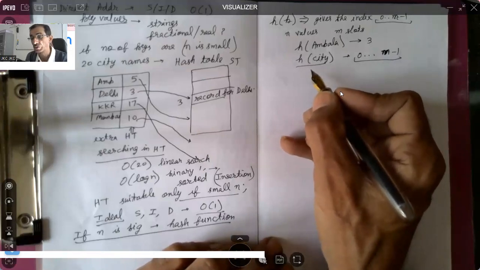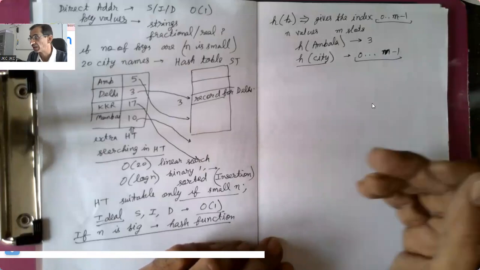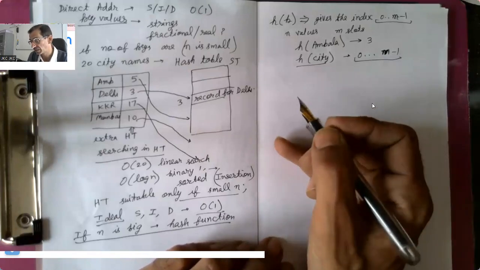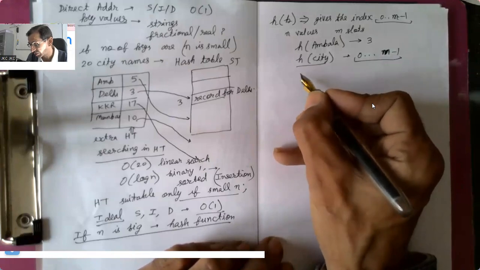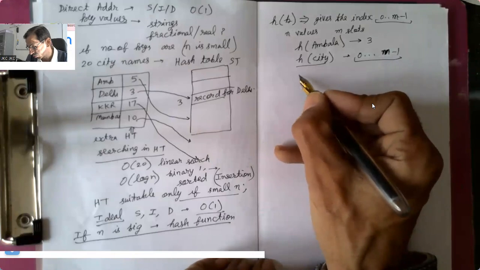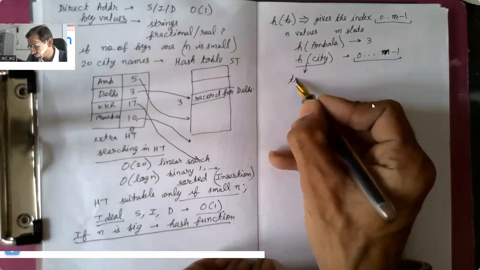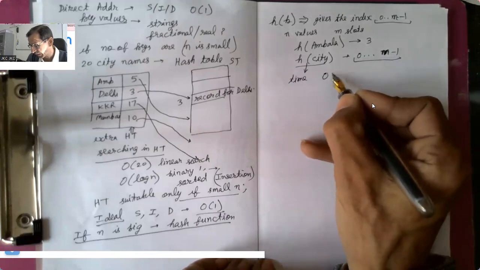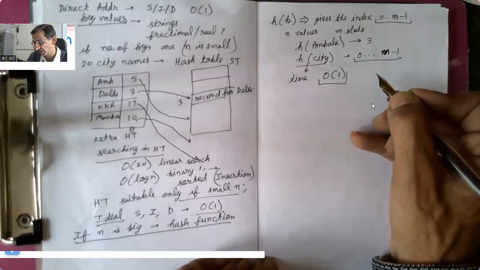But if I want to define a hash function in a good way, primarily I have to ensure that it gives a random distribution, a good one. It should not lead to the same slots. And secondly, the time to calculate should preferably be order of 1, because if hashing takes a lot of time, I can't afford that.